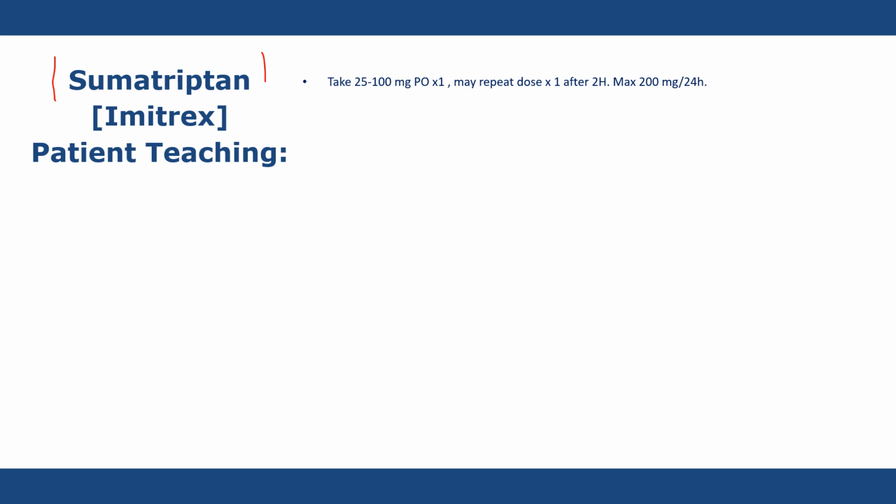Typical patient teaching would be take 25 to 100 milligrams PO one time and may repeat the dose one time after 2 hours. But max dose is 200 milligrams in 24 hours. So if you took 100 milligrams the first time and you did repeat the second time, you met the max for that day. So very good patient teaching.